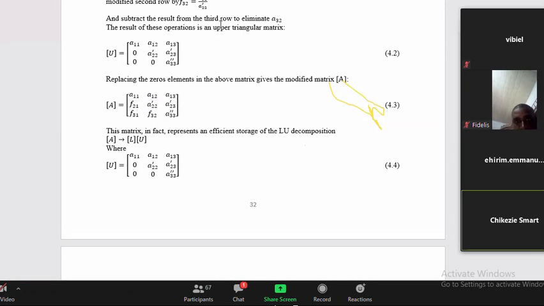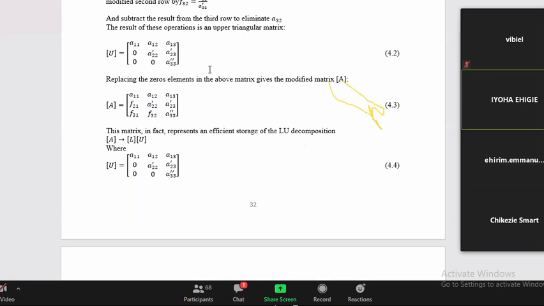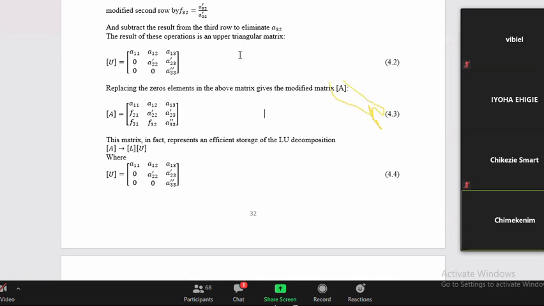Sir, please, your screen is not clear. What? You can't see it clearly? It's clear now. You have to adjust it on your phone. The screen is not the desktop. You can also zoom it. Let me see if I can zoom it here.